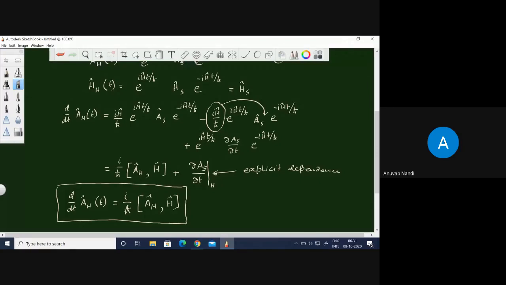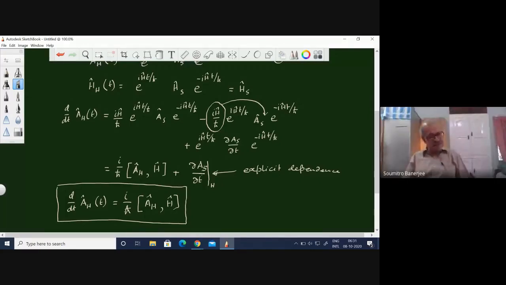Yes, sir, that is right. So you have the derivative taken of the Schrodinger operator, and then you convert it into the Heisenberg picture. That's another way of looking at it.